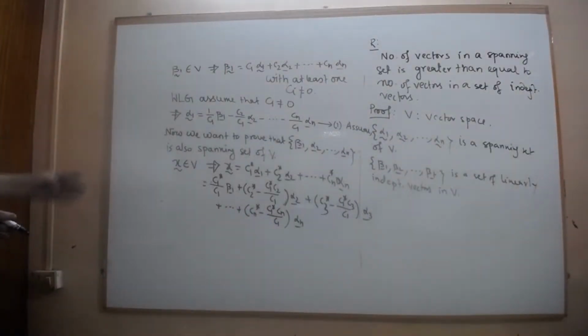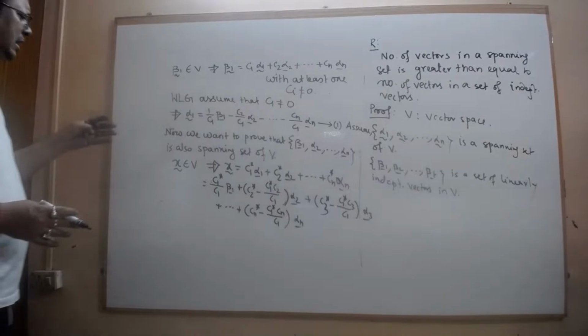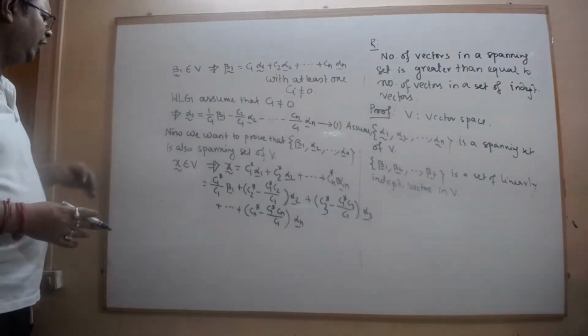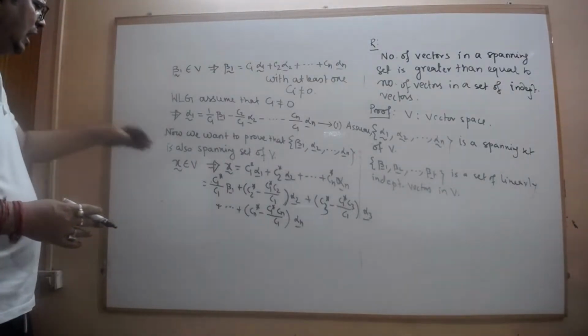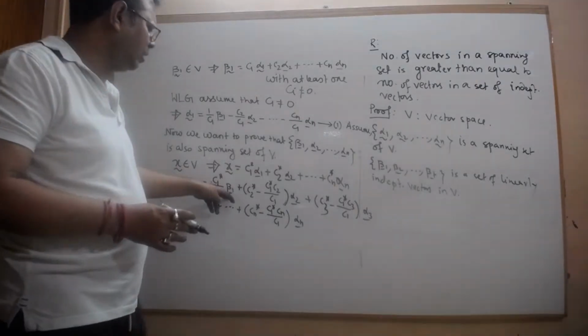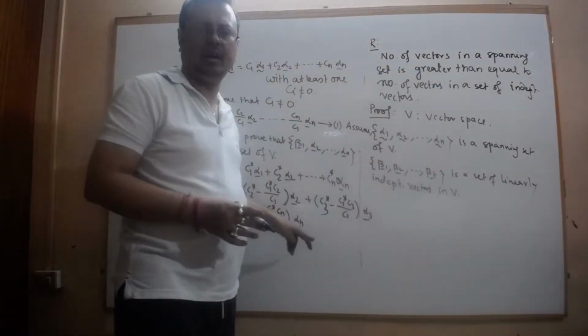Therefore, we see that x curl, which is an arbitrary vector in V, can again be written as a linear combination of beta 1 curl, alpha 2 curl, to alpha n curl.